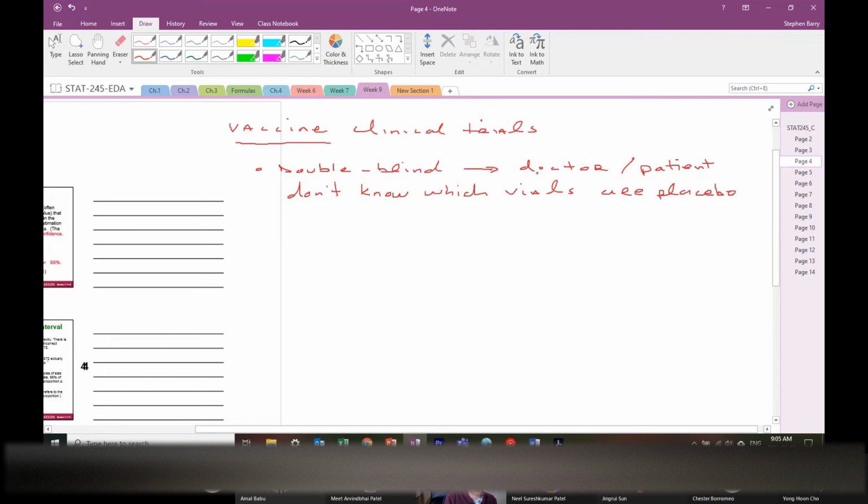You say neither the experimenter, the scientist, nor the patient, in this case the subject, knows which vials are placebo.